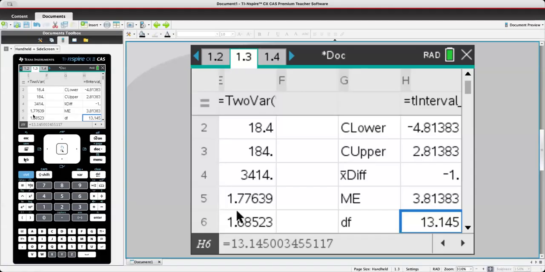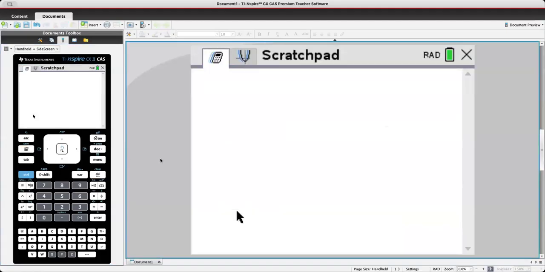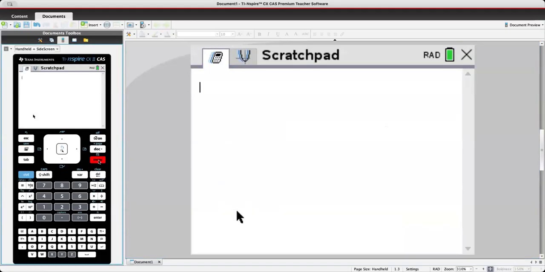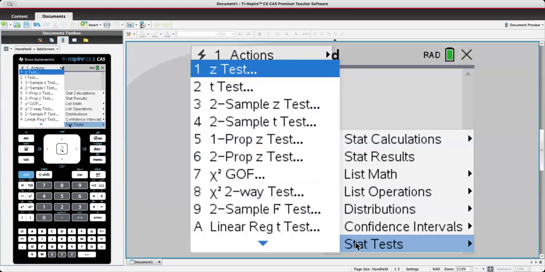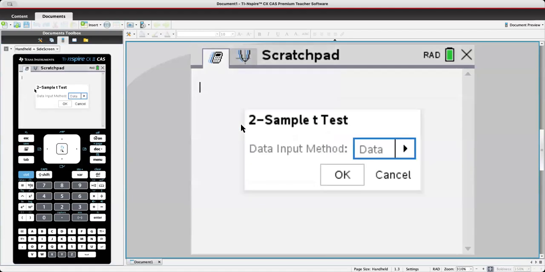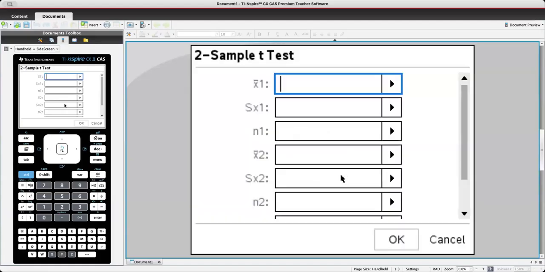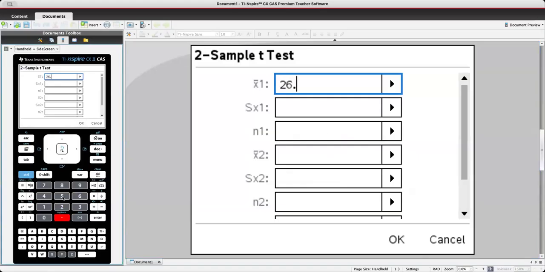So I'm going to go to the scratch pad here and go to menu, statistics, stat test. And then this is a 2-sample t-test, which is option number 4. I'm going to write in the stats, not import. So X bar 1 was 26.5.